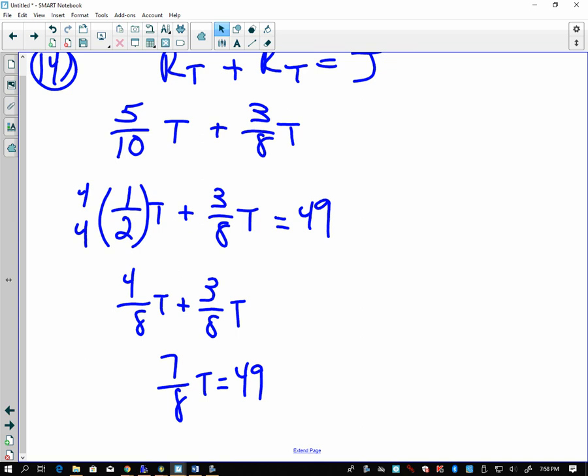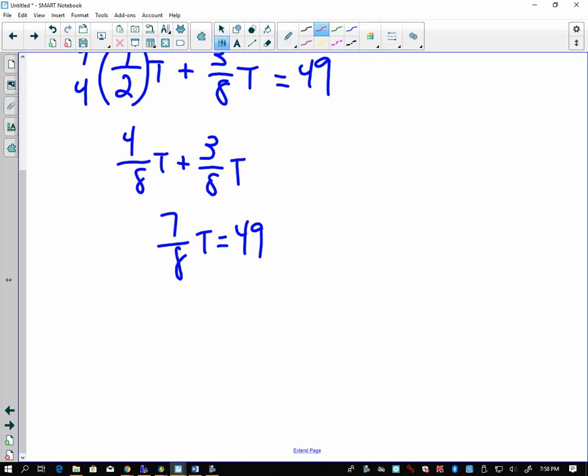We can't divide by that fraction, but we can multiply by 8/7, the reciprocal. So t equals, hold on, 49 times 8 is 392 divided by 7 is 56 minutes. Way to go.